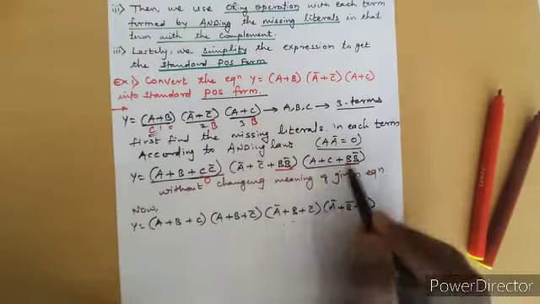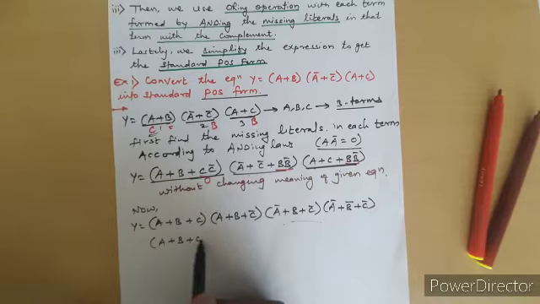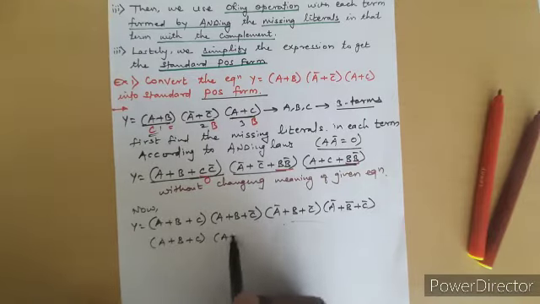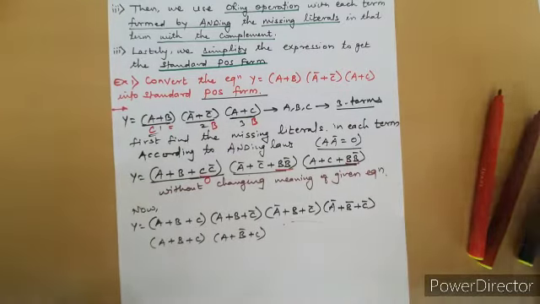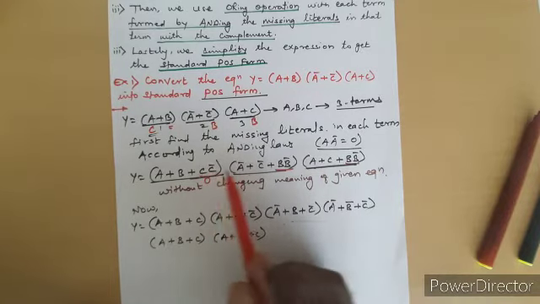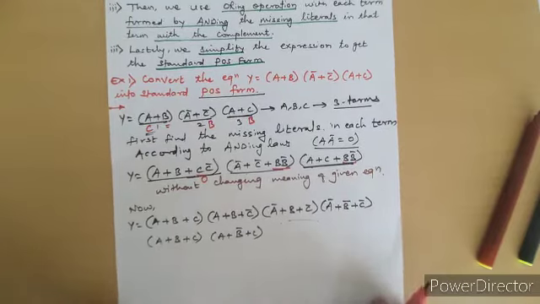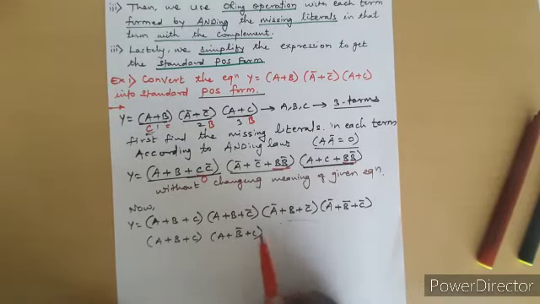Now this third term, (A plus B plus C), (A plus B bar plus C). So this is how I have spread these given terms. Still the meaning of this equation remains the same.